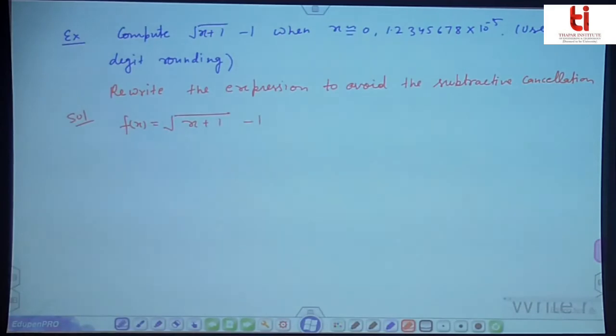So x is given to you with this value. So it is containing how many digits? 1, 2, 3, 4, 5, 6, 7, 8. 8 digits. Okay, so first compute the value of 1 plus x.